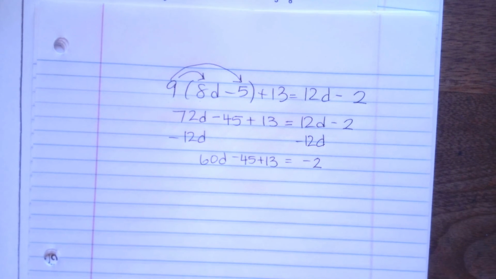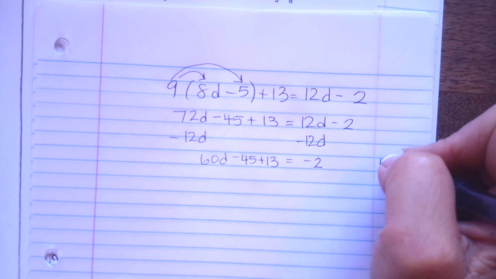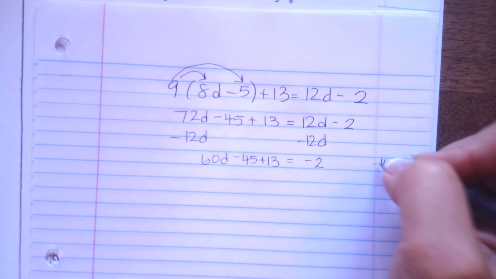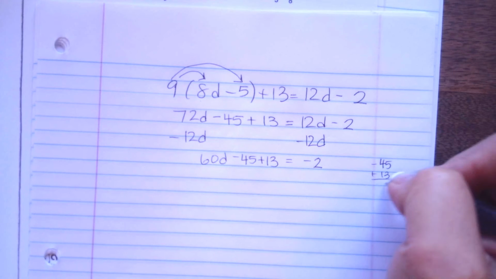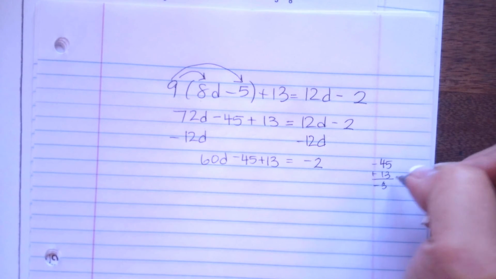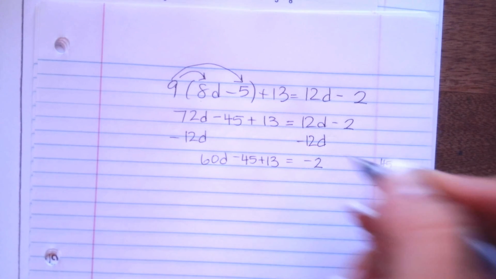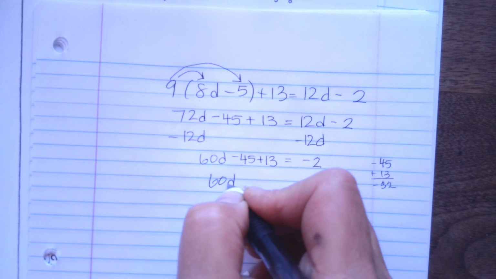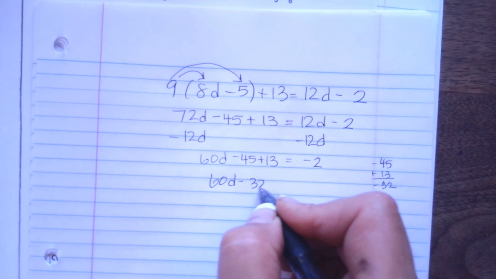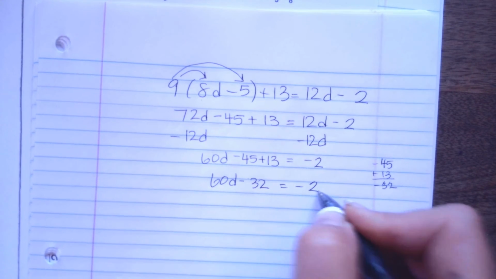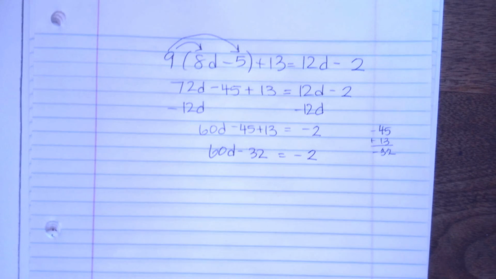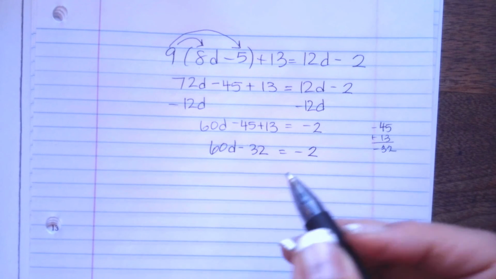And I don't freak out. I go, all right, that still looks like a lot. I'm cool with that. Just one step at a time. So I have negative 45 plus 13 is negative 32. So I'm going to do 60D minus 32 equals negative 2. It's looking much more manageable.